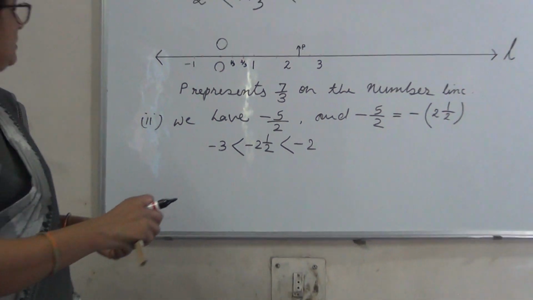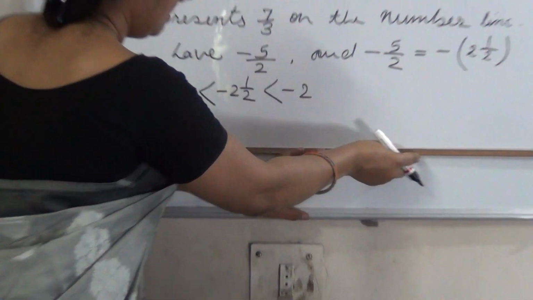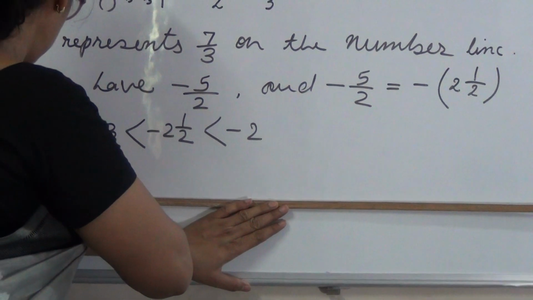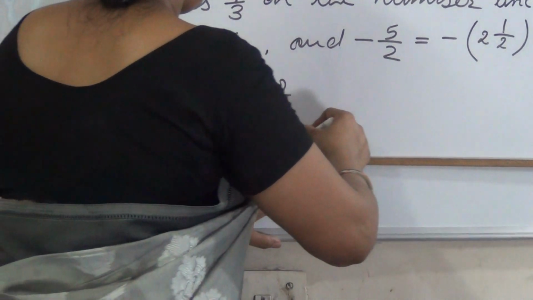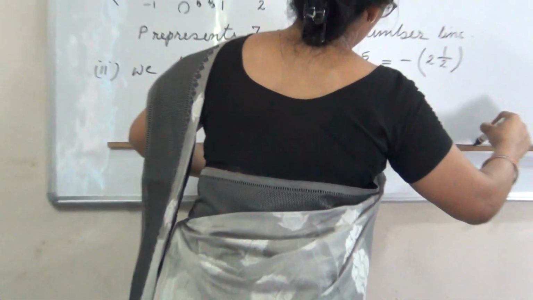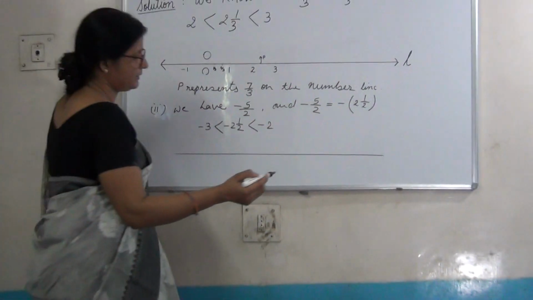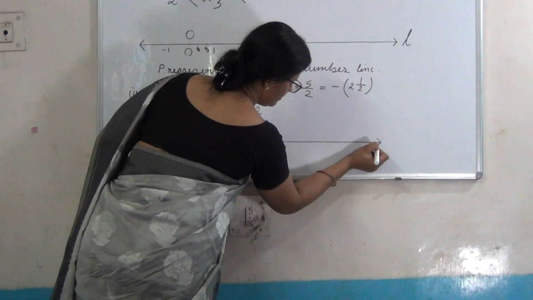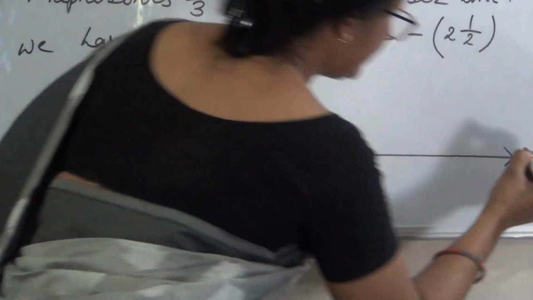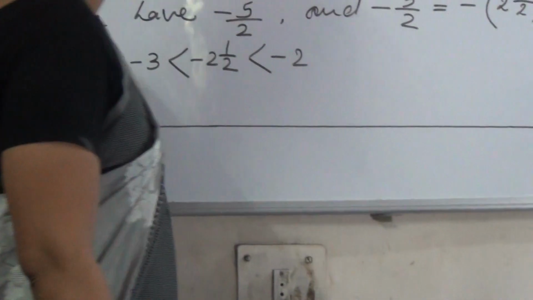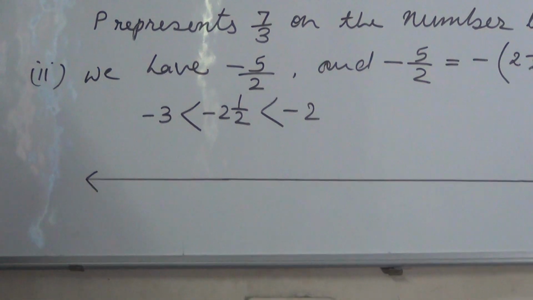Let us plot this also on the number line. For this, we need to draw the number line again. After drawing the line, we must put arrow at both the ends and mark it as L. Now here we see that we need -2 and -3 on the number line.